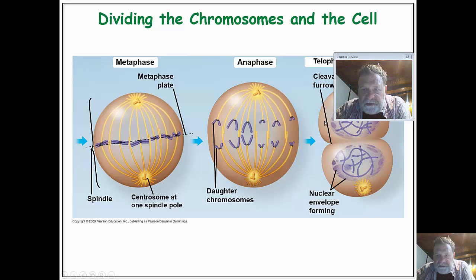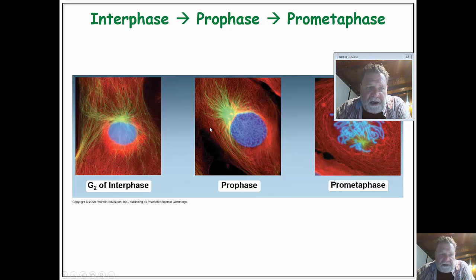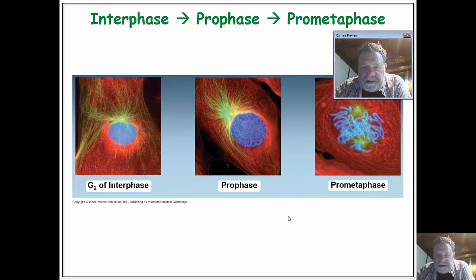And then during telophase you will see the cleavage furrow and the beginning of the two new cells coming up. Here are some really interesting photographs of being able to see this, and I would take a look at those a little bit later.